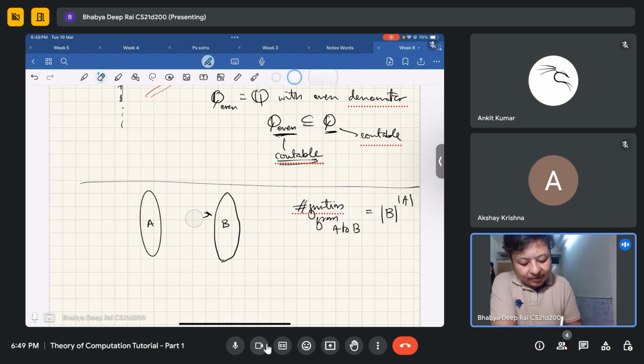Because a function looks like this. One particular function maps to an element here. Another can map to the same element here. It could map to another unique element also. But something like this is not allowed.